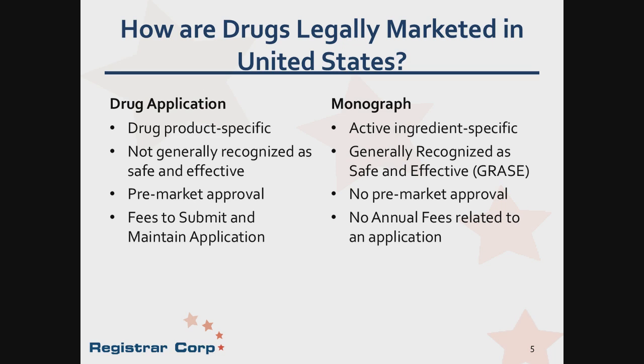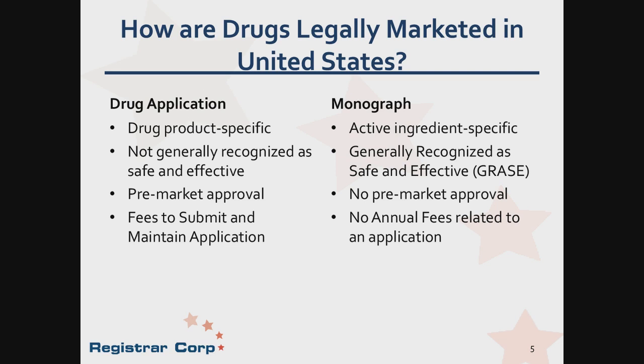Monographs are sets of rules specifically for over-the-counter drug products, which describe required or acceptable ingredients, testing, and labeling of the product, among other requirements. Some examples of over-the-counter drug products, which are currently covered by over-the-counter monographs, are acne medications, treatments for dandruff, dermatitis, psoriasis, and sunscreen.